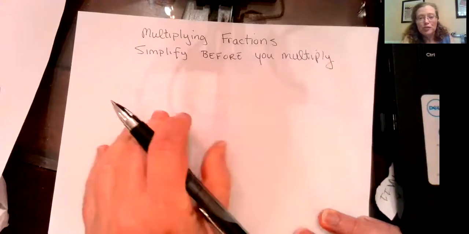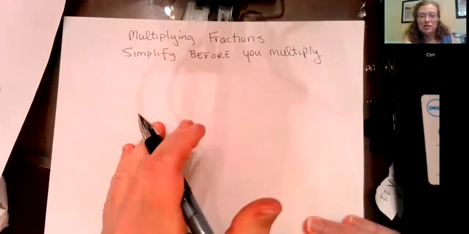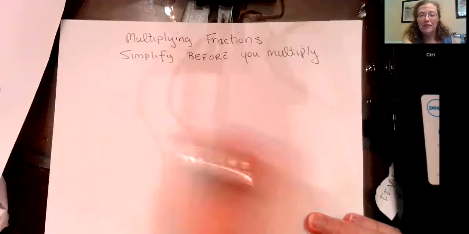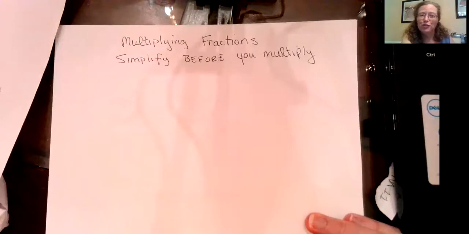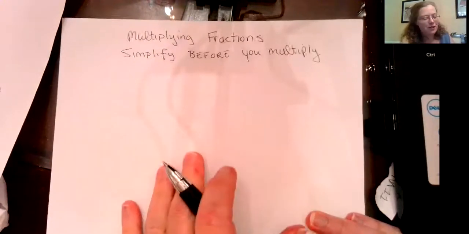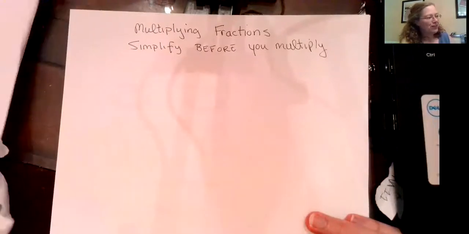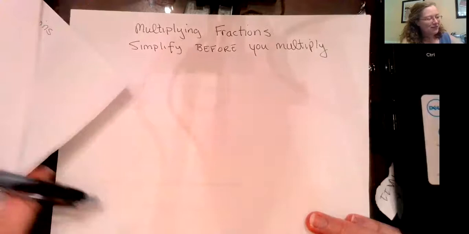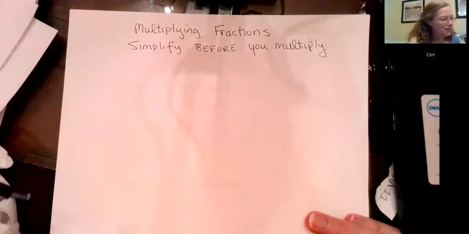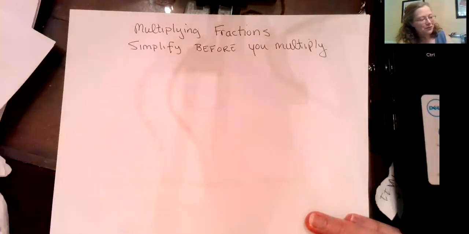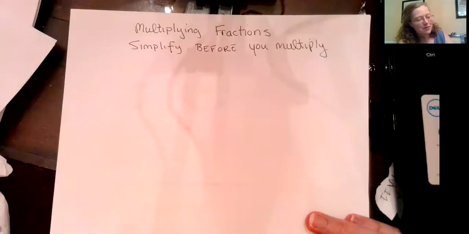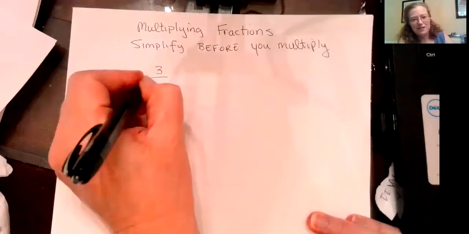This way, I'm working with smaller numbers to decide if there's a number that they have in common instead of working with really large numbers. Here's an example. We have got it right over here, so I have it already worked out. 3/5 times 10 over 17.